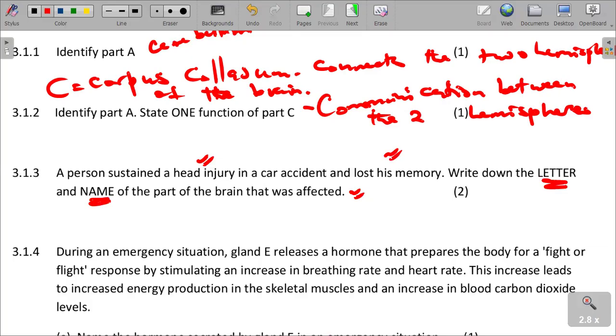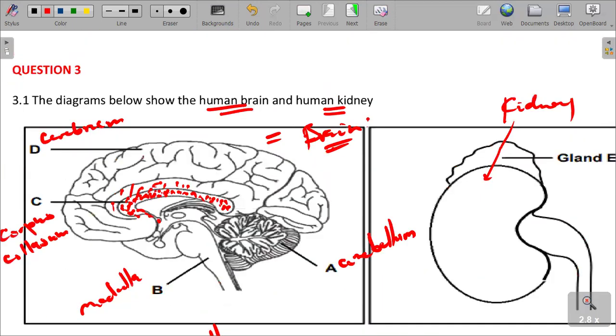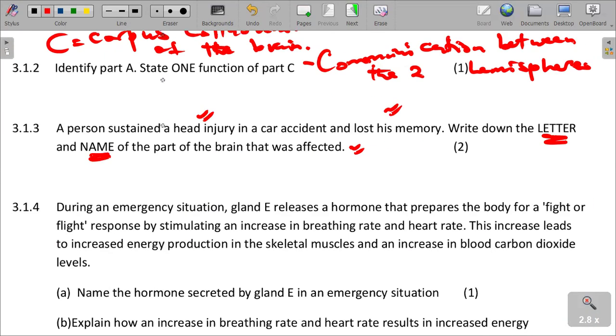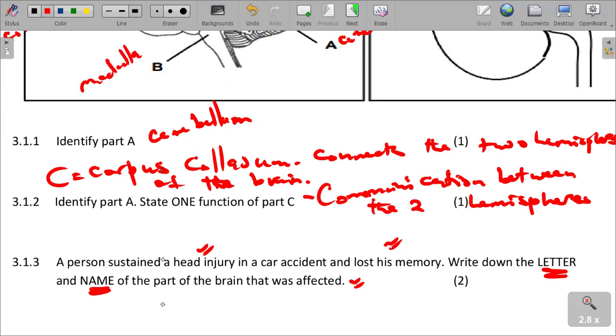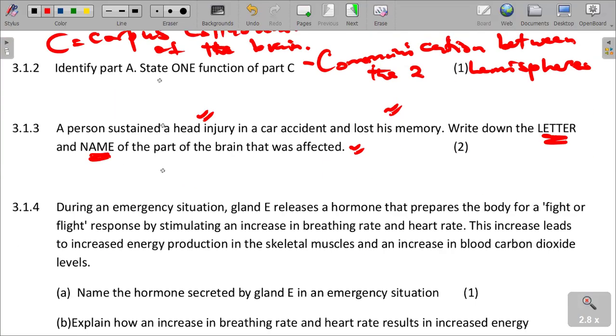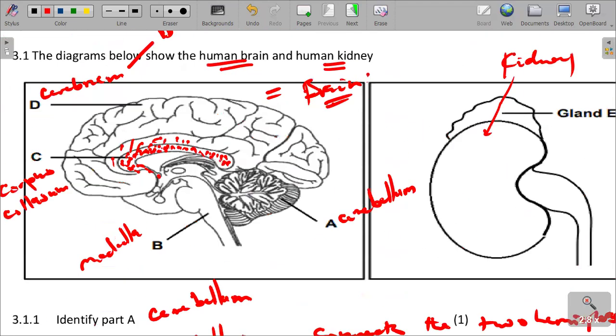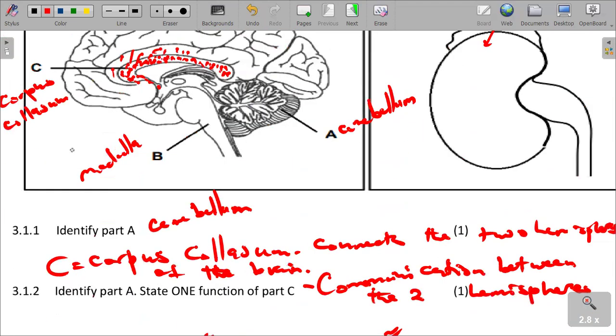What part of the brain is responsible for memory? You know very well, as I said, that the cerebrum is mostly important for memory. The question says identify the letter and name. So it is the cerebrum that has been damaged. It is letter D.